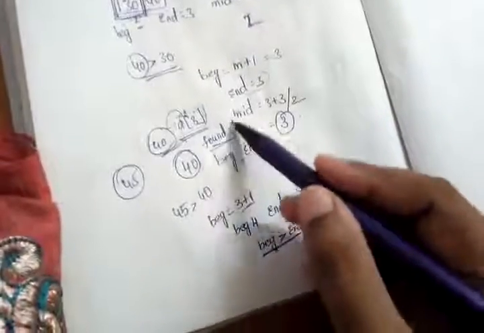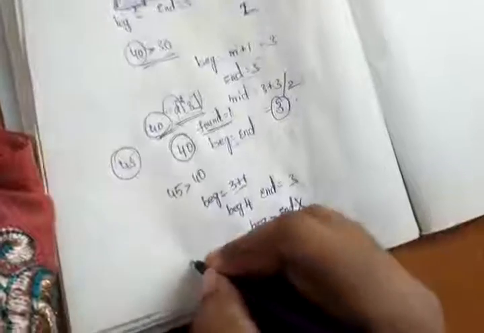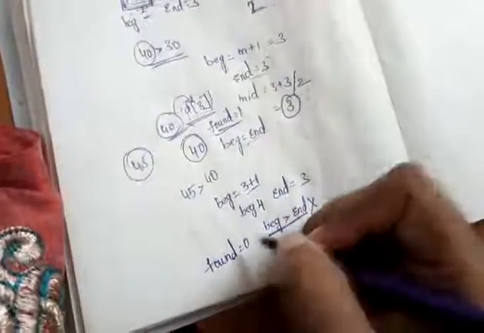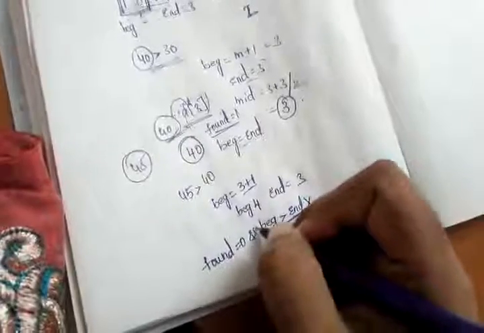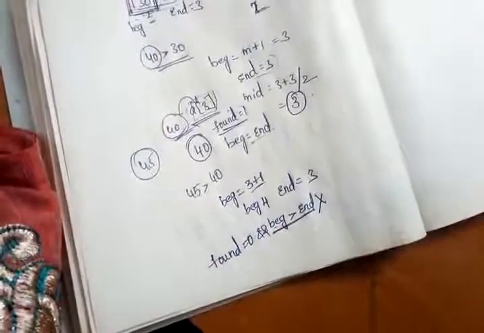So if the element is not found, then the conditions would be found equal to 0 and beginning greater than end. If either of these conditions is true, we can say that the element is not found in the array. So now let us see how we'll write a program using this concept.